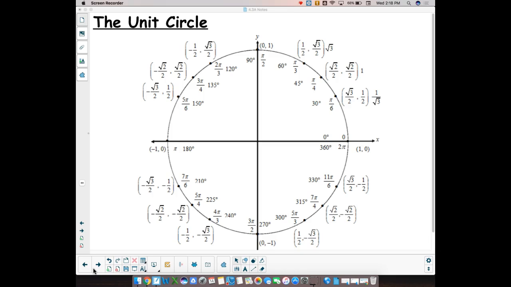So because the pi over 4 will get you all of the fourths, and the pi over 6 will get you all of the over 6ths, and then if you flip-flop the x and the y, it'll get you the over 3s. So pi over 3, 2 pi over 3, 4 pi over 3, and 5 pi over 3. Okay? So just know that. And then the other 4 are just ta-da.